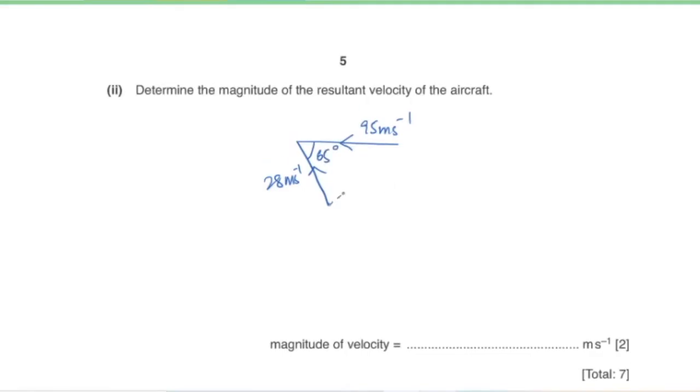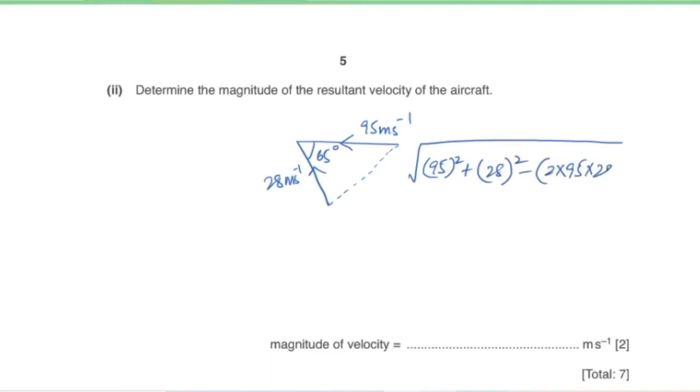The resultant is going to be this length by using the cosine formula, which is resultant equals root of the sides squared, 95 squared plus 28 squared, minus 2 multiplied by 95 into 28 into cos theta, which is 65 degrees. And so we have the magnitude of resultant velocity as 110 meters per second.